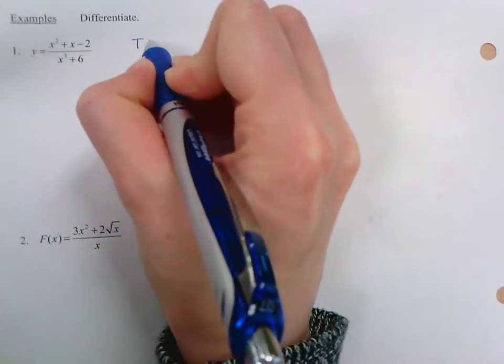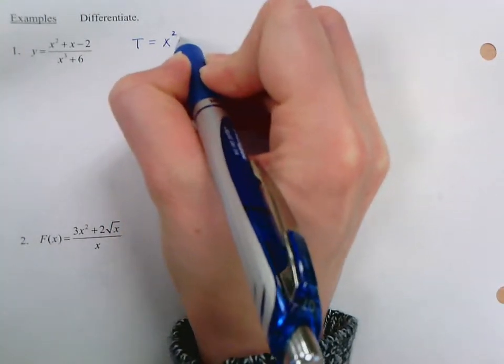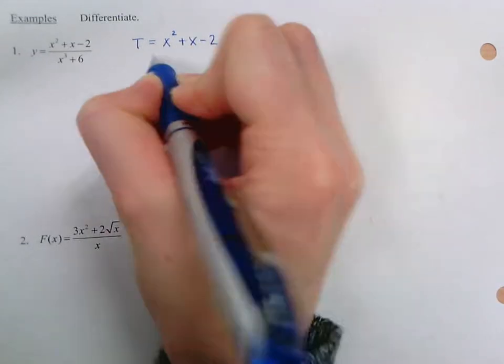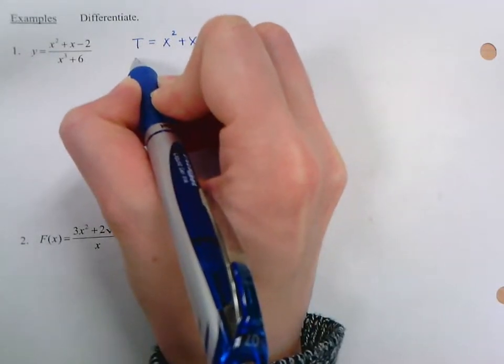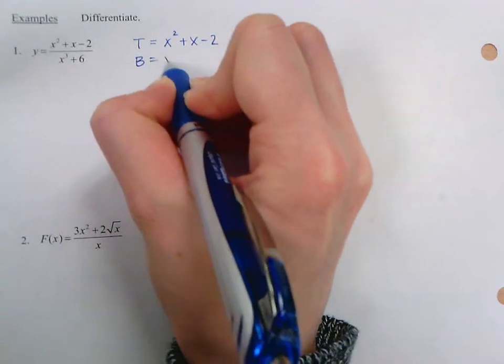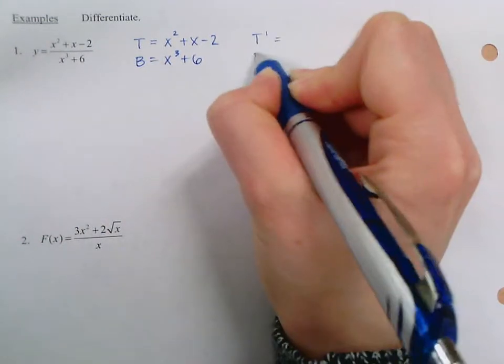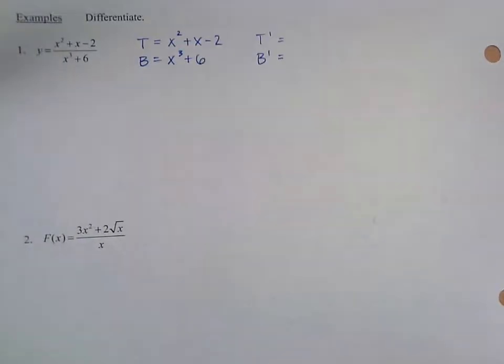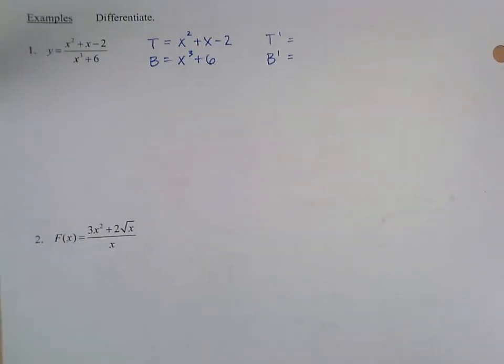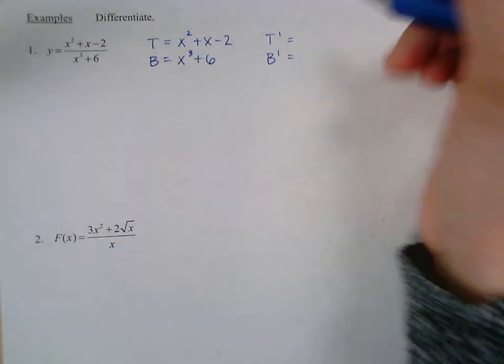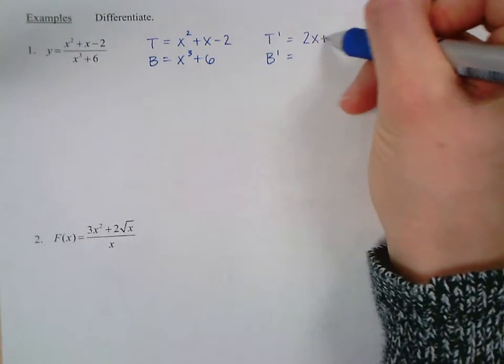So I have my top, which is x squared plus x minus 2. I have my bottom, which is x cubed plus 6. And then I just need to first find the derivative of the top and the bottom and then apply the quotient rule. So what would the derivative of the top be? 2x plus 1.